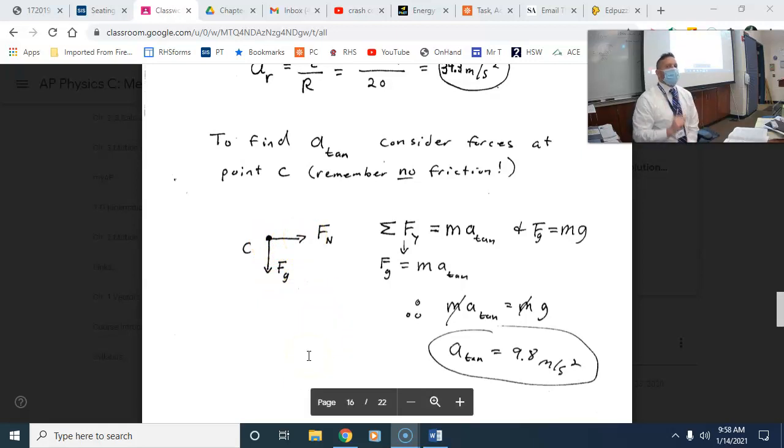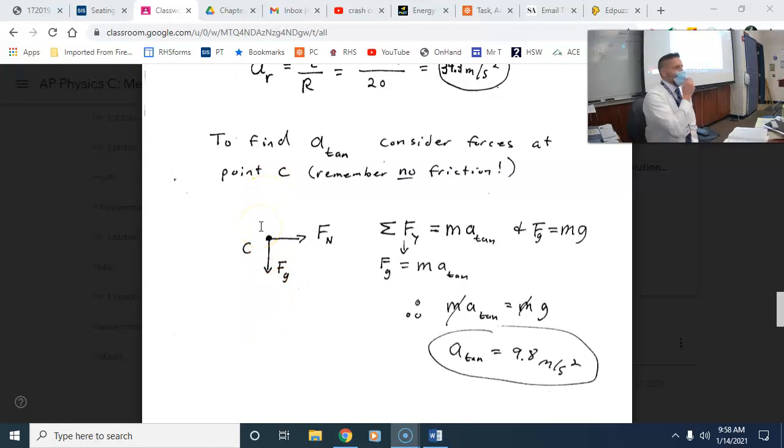However, I'm looking for my tangential acceleration, which would lie on the y-axis, right? Remember in the past when we used basic Newton's second law, we only use it on one axis at a time. Since this force is completely on the other axis at this position, maybe this wouldn't be true at other positions, but at this particular position, does the normal force from the track have any effect on my tangential acceleration? No.